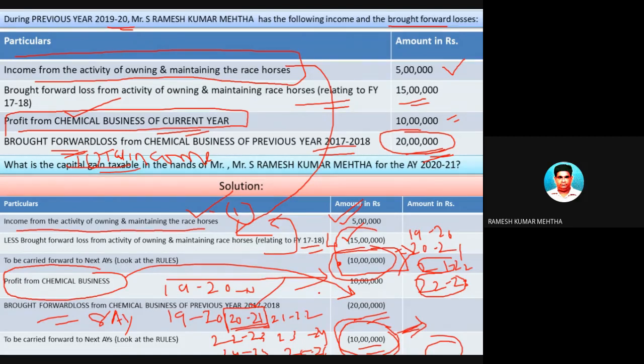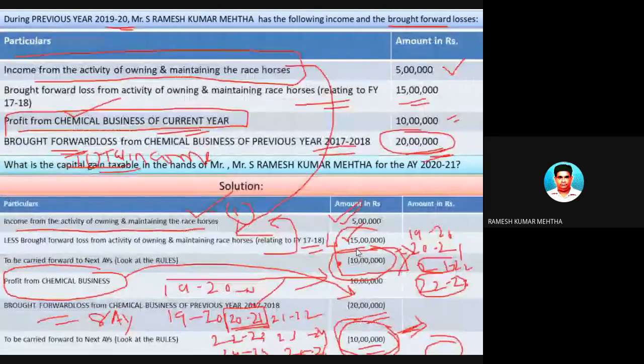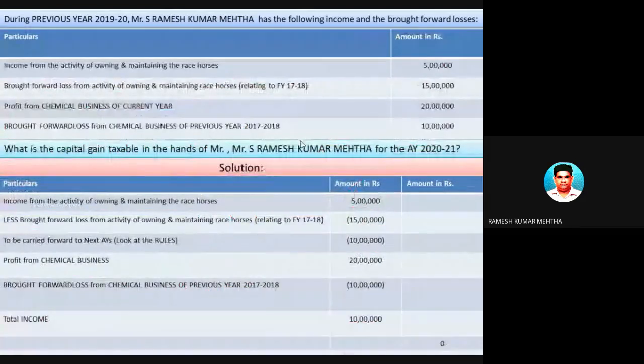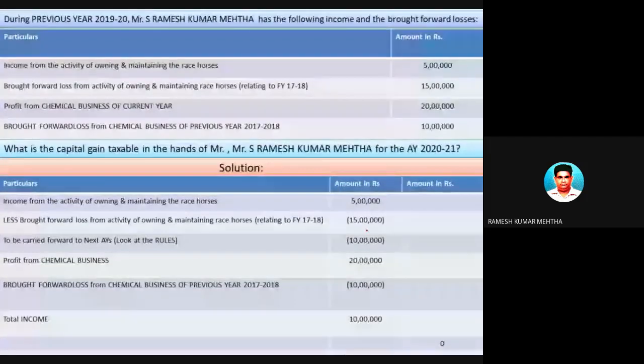Next one, probably this is the fifth problem, and it goes like this. The assessee is Mr. S. Ramesh Kumar Mehta, and he has furnished the following incomes and brought forward losses. Income from the activity of owning and maintaining of horses was 50 lakh rupees.